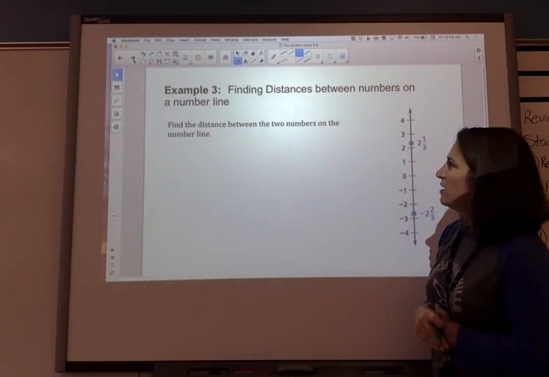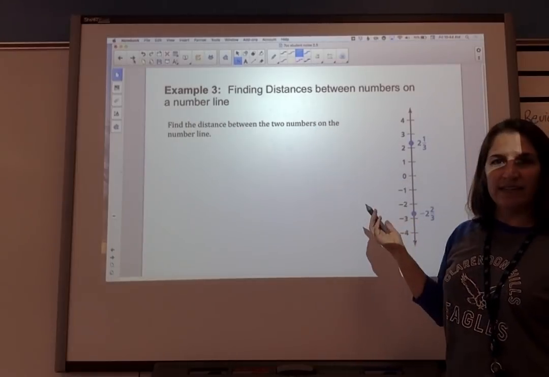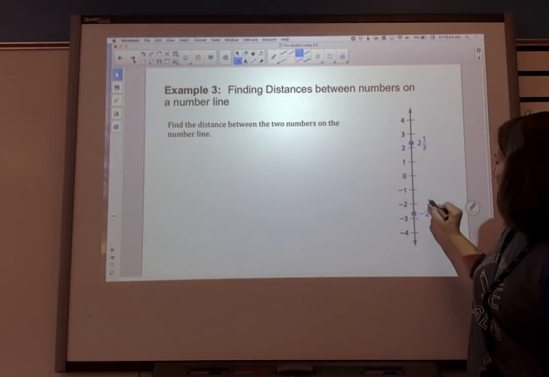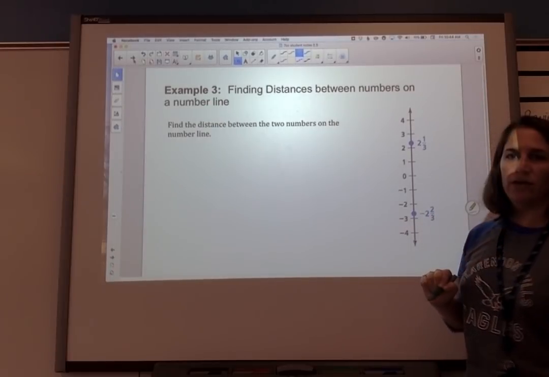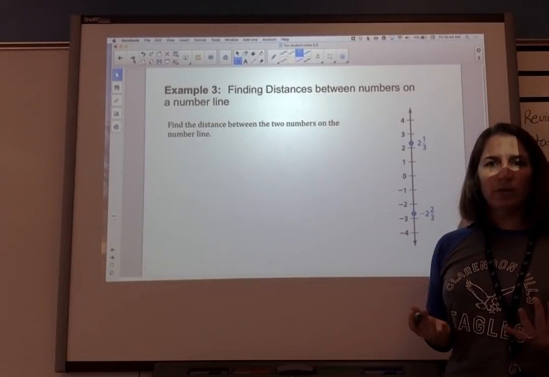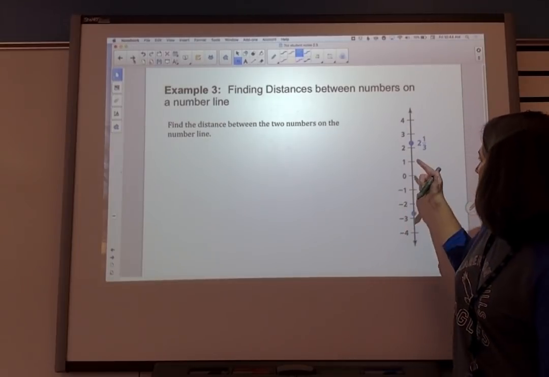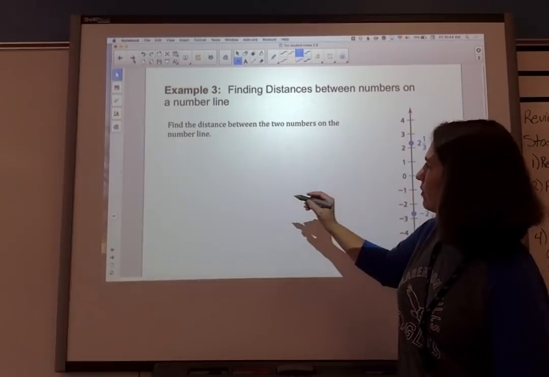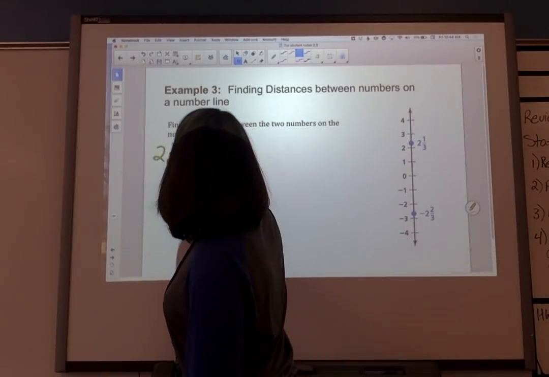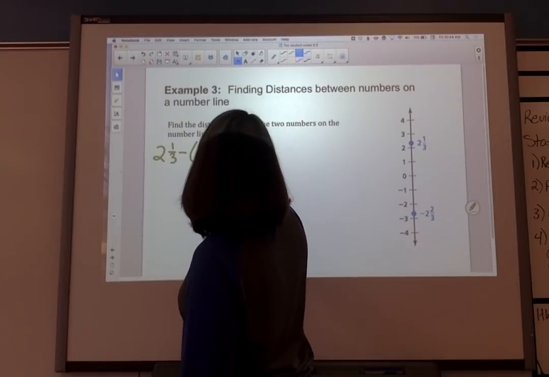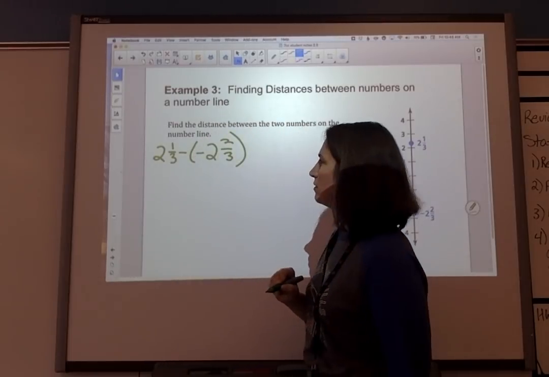So let's look at an example here. We're going to find the distance between numbers on a number line: 2 1/3 and negative 2 2/3. So I'm going to do it both ways just to show you why we're looking at the absolute value here. So let's start with 2 1/3 minus negative 2 2/3.